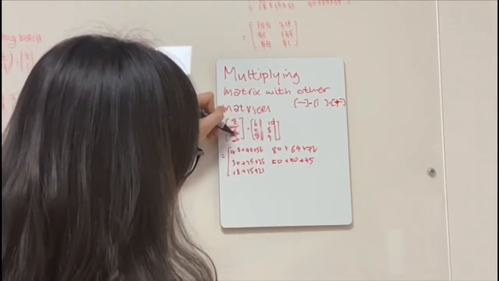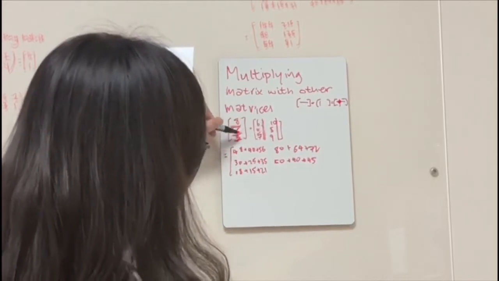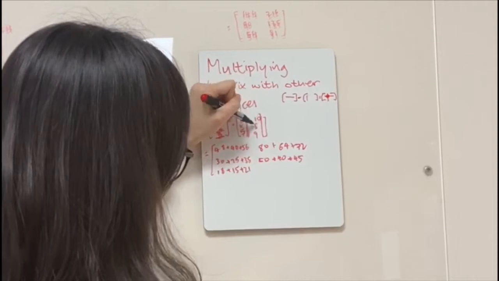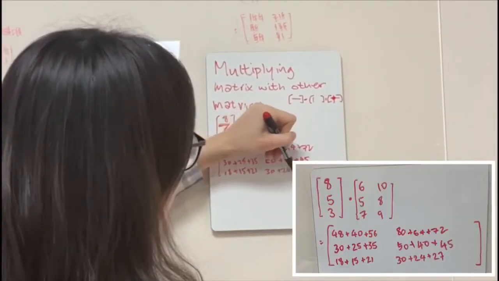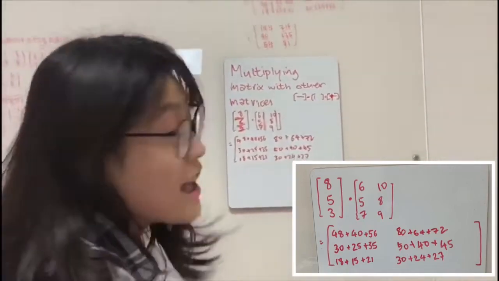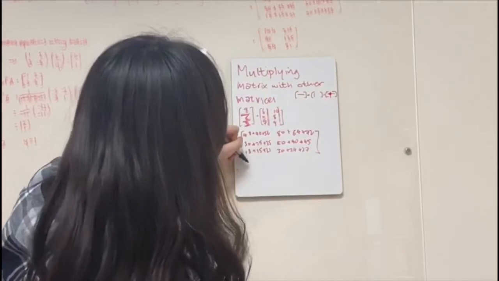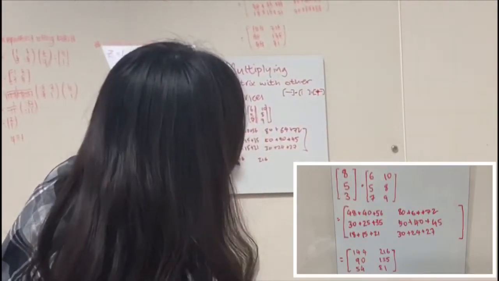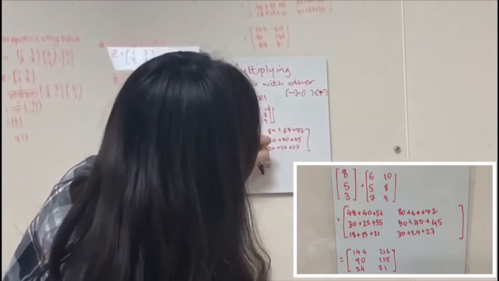And the last one, it's going to be 3 times this column, which is 30 plus 24 plus 27. And I'm going to add them up together, which is going to be 144, 216, 90, 135, 54, and 81.